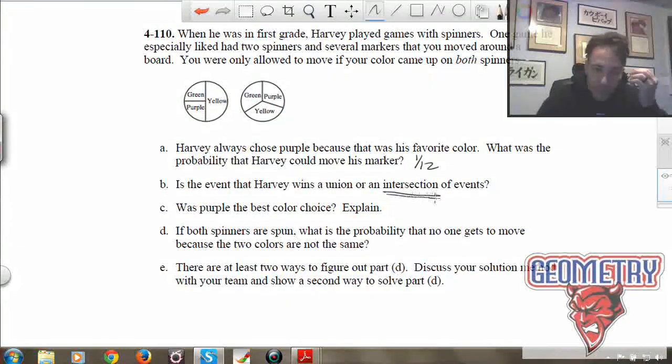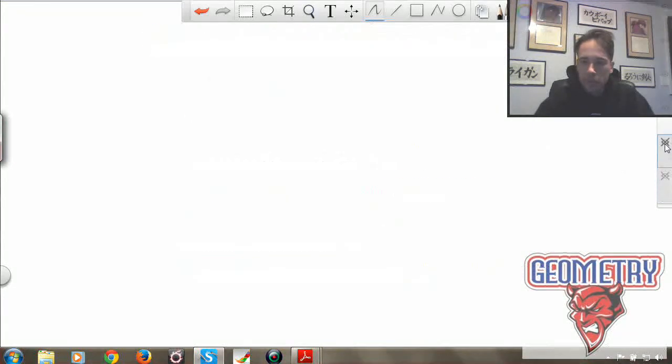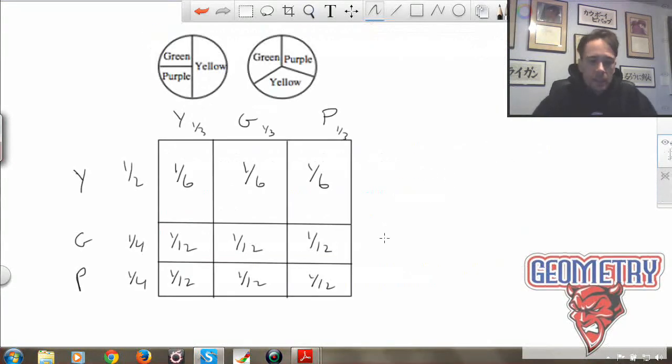And then we got, let's see, was purple the best color choice? Explain. Let's go back to our probability chart here and see. Okay, so the probability of them both landing on purple, so purple-purple, was 1/12. The probability of them both landing on green was 1/12. The probability of them both landing on yellow was 1/6.